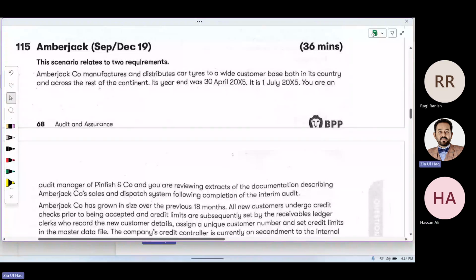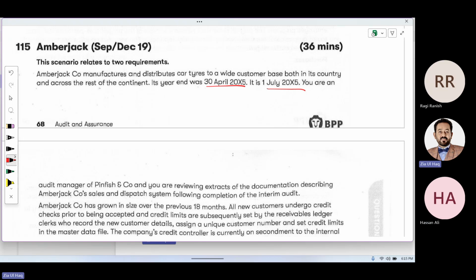Amberjack company manufactures and distributes car tires to a wide customer base, both in its country and across the rest of the continent. Its year end was 30th April 2025. It is 1st July 2025.